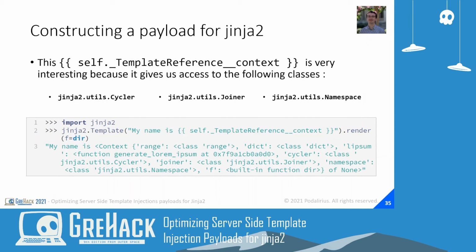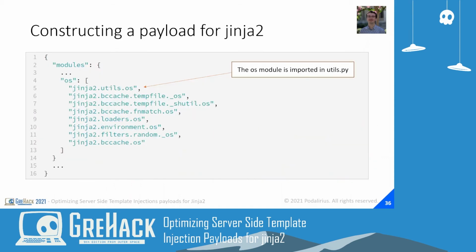And it's really interesting because if we remember what we had before, in the output of the paths to modules from jinja2, we had a path to the OS module, which is declared inside utils.py. This means that the OS module was imported globally in the utils.py file. And this is really cool because we could use the cycler, joiner, or namespace classes to bounce and jump into the utils.py global variables and access the OS module, which is imported globally in this file.